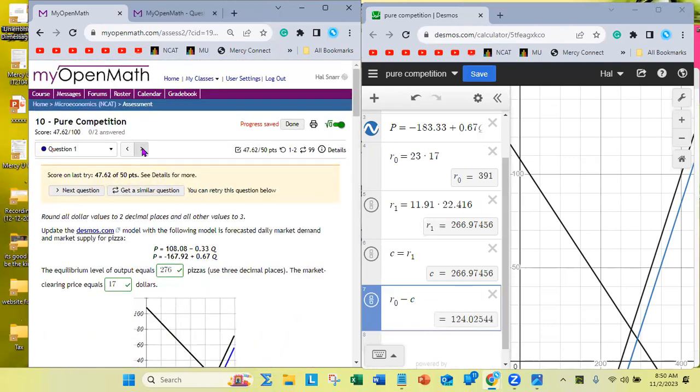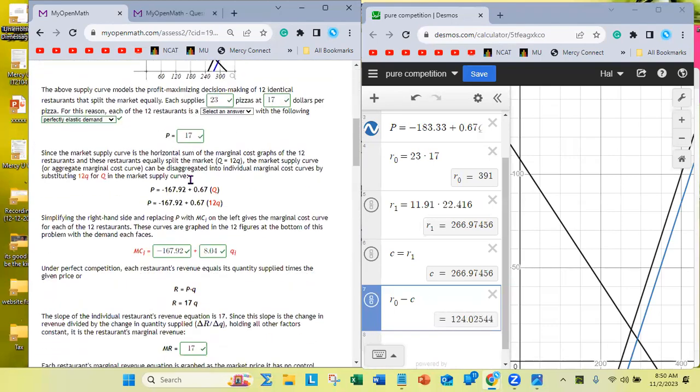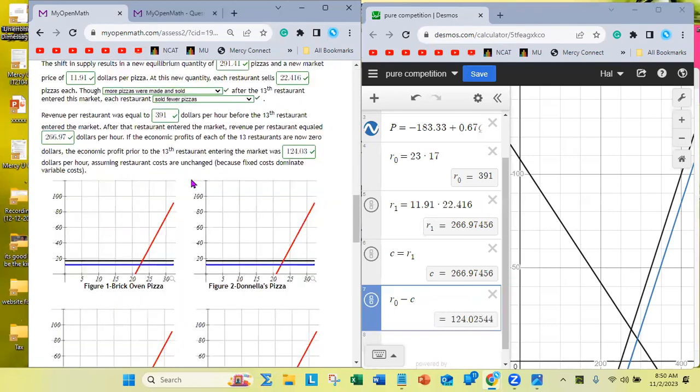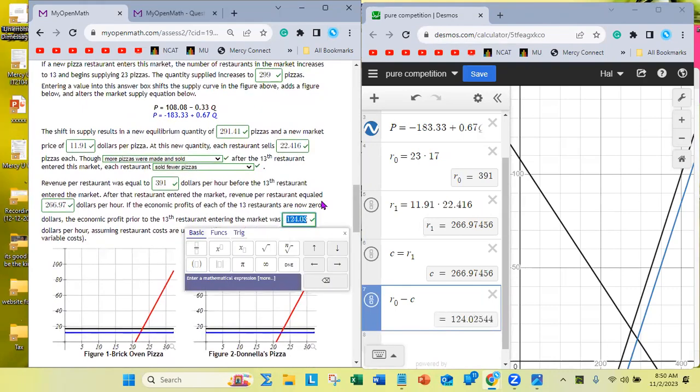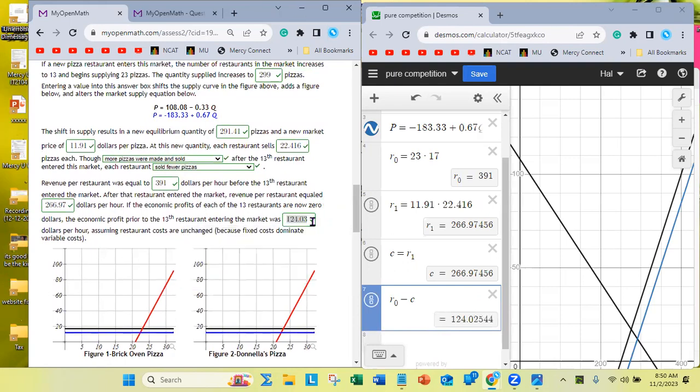Now we're going to do question two. Question two is similar, but what is the moral of the story here? In the short run, you can have a profit, right? A handsome economic profit. And if you tell everybody that you're making a handsome profit by living in a brand new, massive house with a Lamborghini in the driveway, people are going to ask questions.